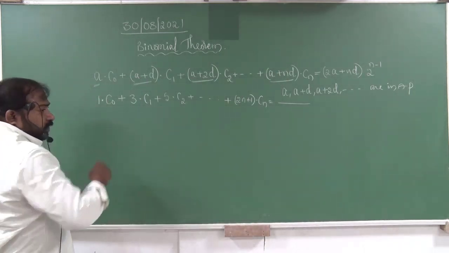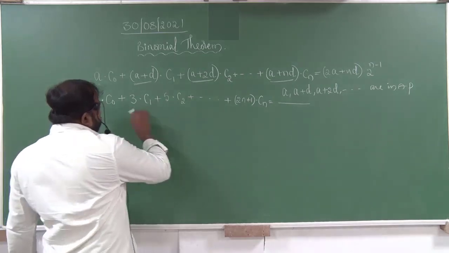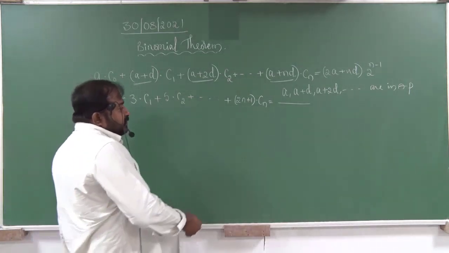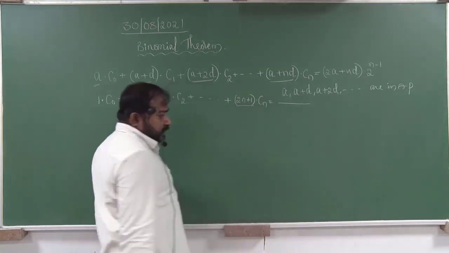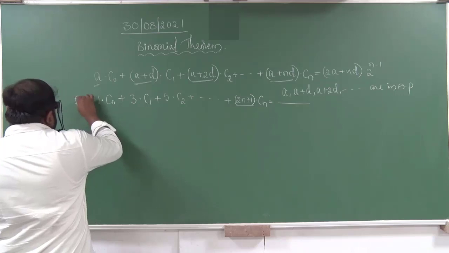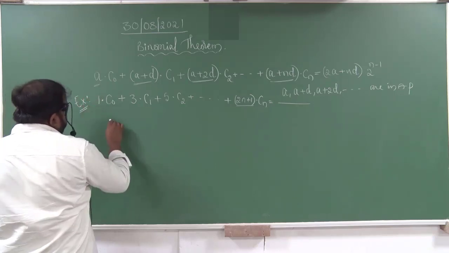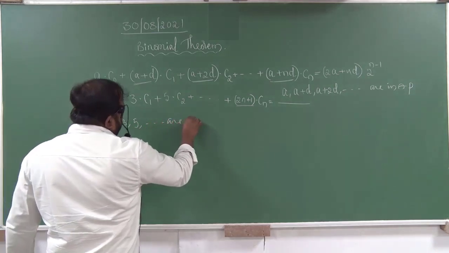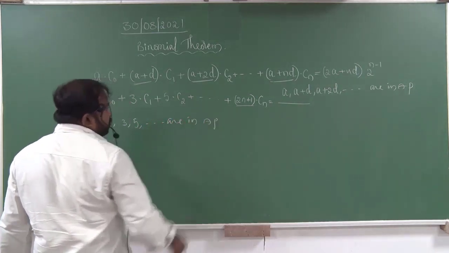So 1 into C0 plus 3 into C1 plus 5 into C2 plus and so on plus (1 plus 2n) into Cn is the value. If you observe here, this is the example. What about this total value? Here if you observe 1, 3, 5 and so on, these are in AP first of all.